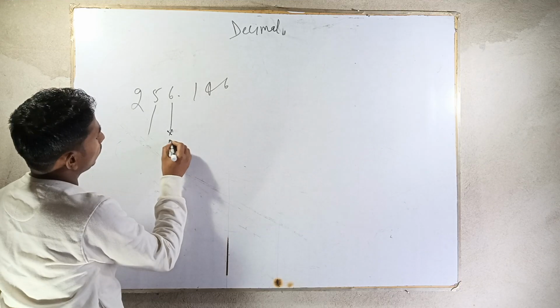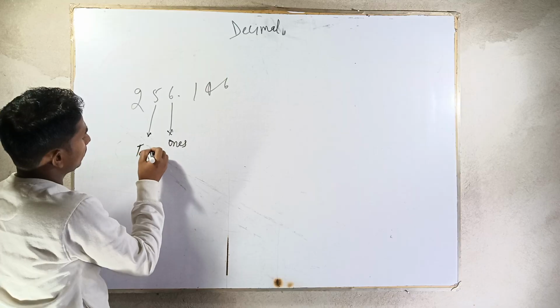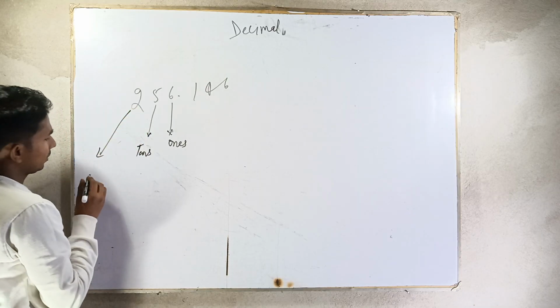This one is called ones, and another term is called tens, and this is hundreds.